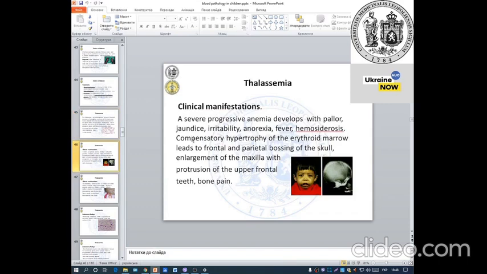Thalassemia manifests with severe progressive anemia, with pallor, jaundice, anorexia, fever, hemosiderosis. Compensatory hypertrophy of the erythroid marrow leads to frontal and parietal bossing of the skull, enlargement of the maxilla with protrusion of the upper front teeth, and bone pain.